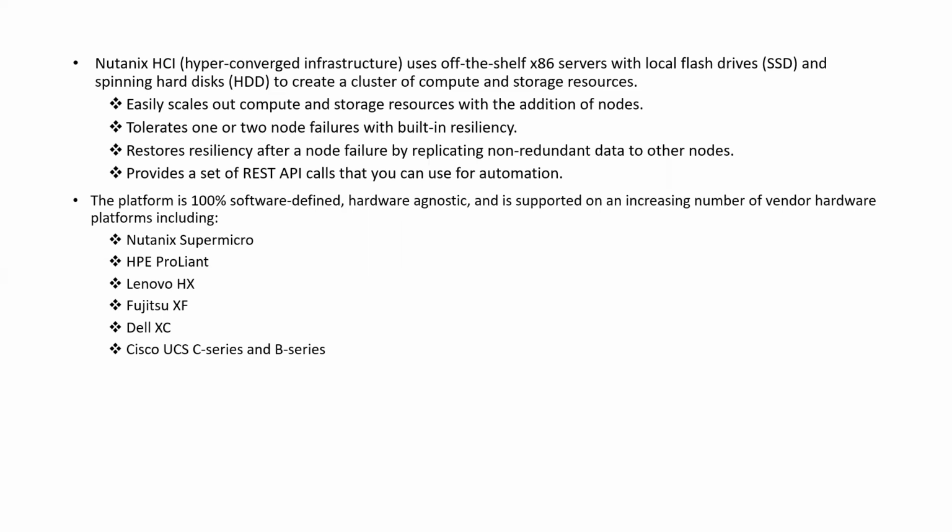In case one of the disks goes bad or one of the nodes goes bad, we have enough resources so that it can accommodate the failed node or failed disk. So the VMs are not getting into the read-only state because the space is not available or the compute resources are not available.